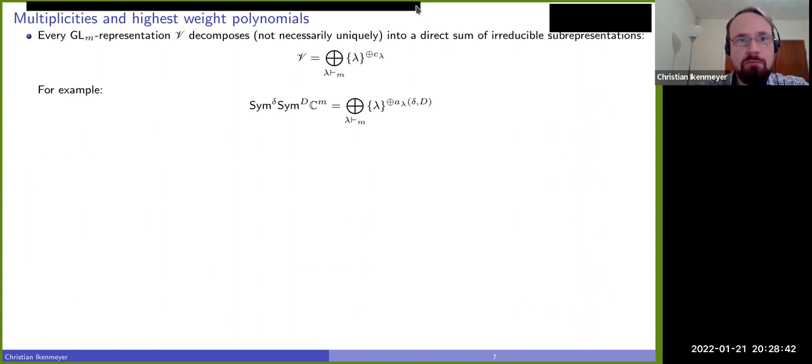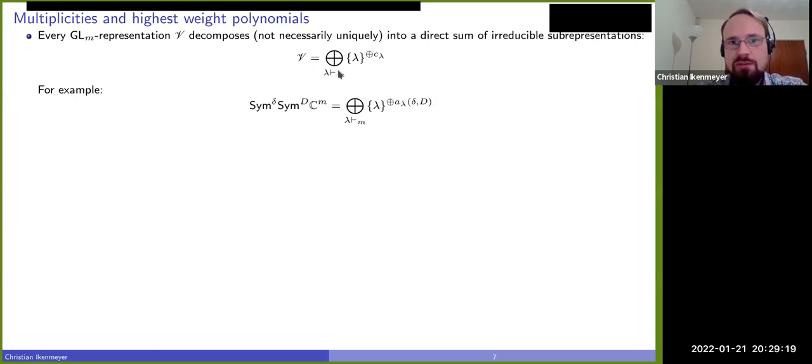Okay, let me talk about these multiplicities, because we want to understand the multiplicities of a coordinate ring. Now, what is that actually? When you have a representation V, and this is the example, Sym^d of C^m, like this one here. You always think in the back of your head of this 6-dimensional vector space with a squared, ab, ac, b squared, bc, c squared, right? Now, every representation like this, a finite dimensional vector space, decomposes, but not necessarily in a unique way, into a direct sum of irreducible representations.